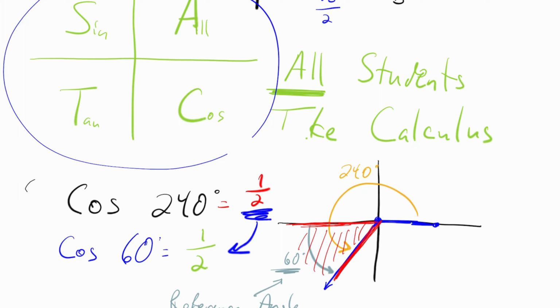Only tangent. Right. So since we are looking for cosine instead of tangent, are we going to have a positive or a negative answer? Negative. Right. So our final answer then is going to be negative 1/2 instead of positive. Cool. Making sense? Yeah. Right on.